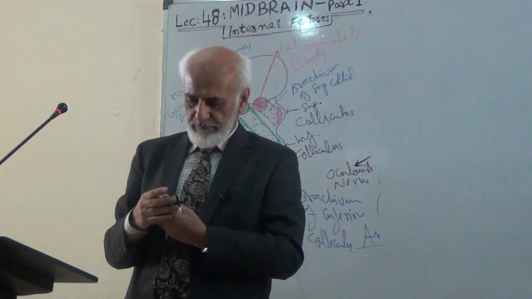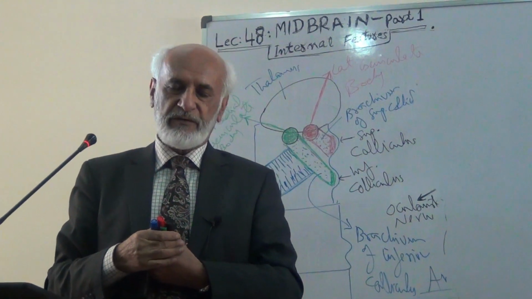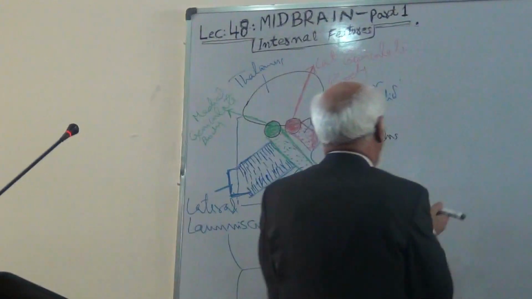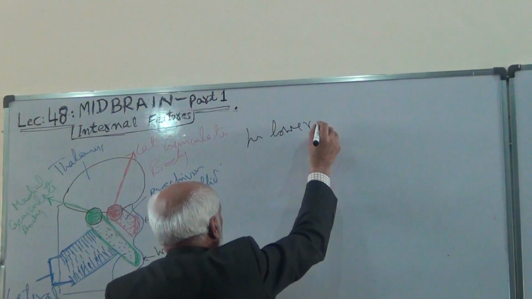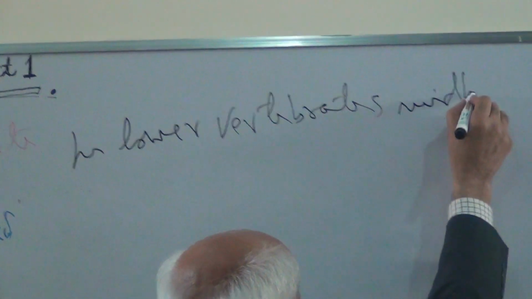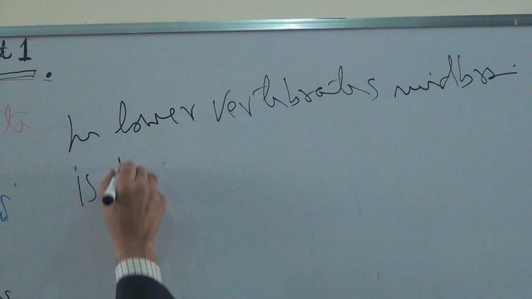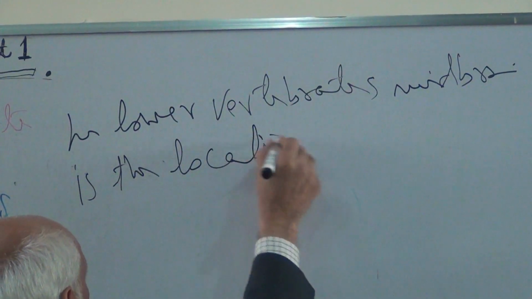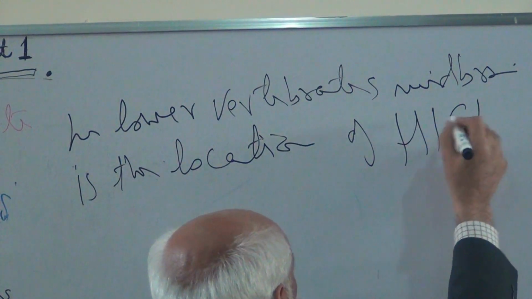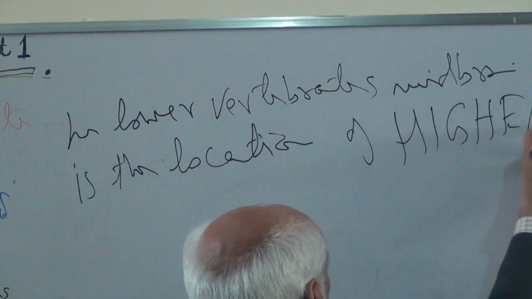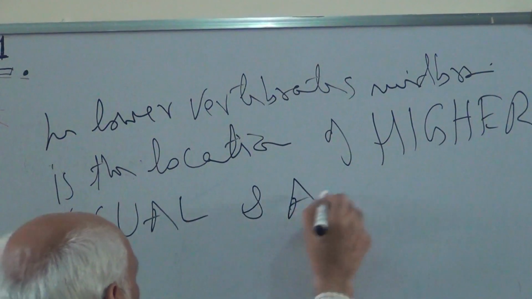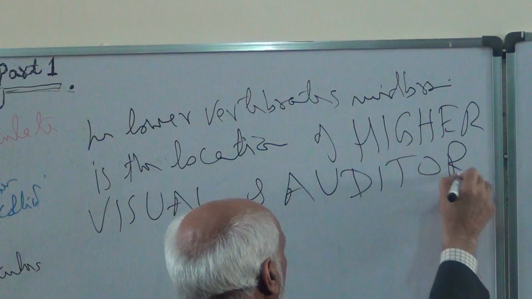Now, in lower vertebrates, the midbrain is the location of higher visual and auditory centers.